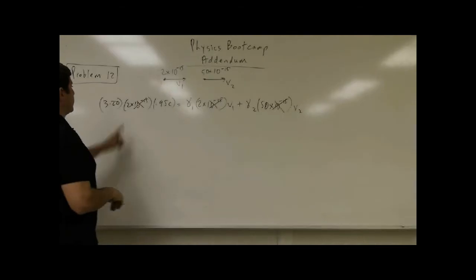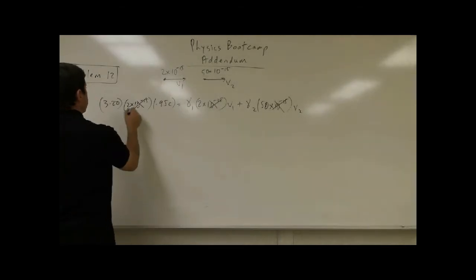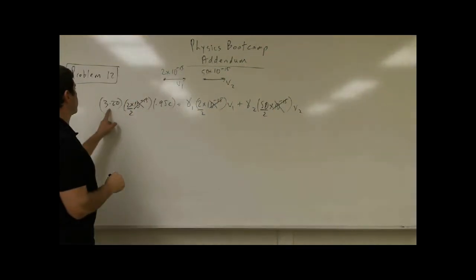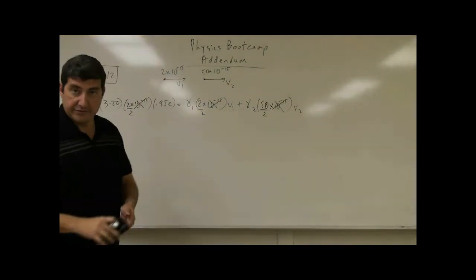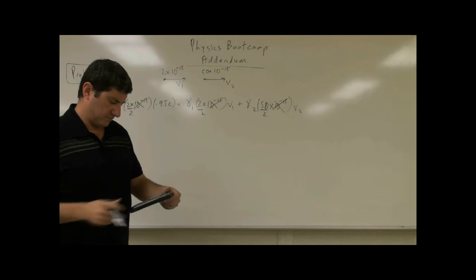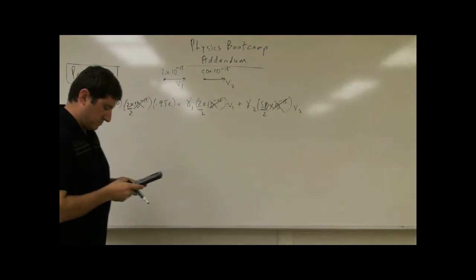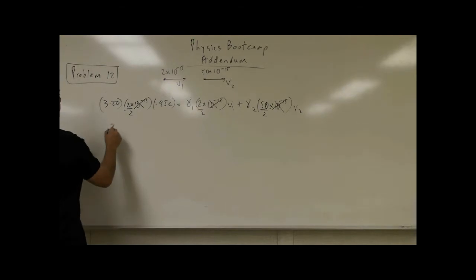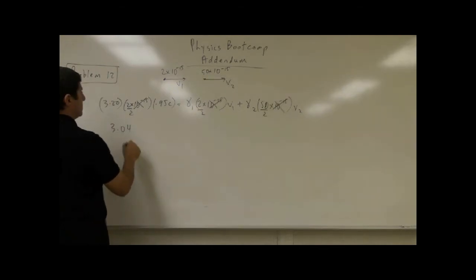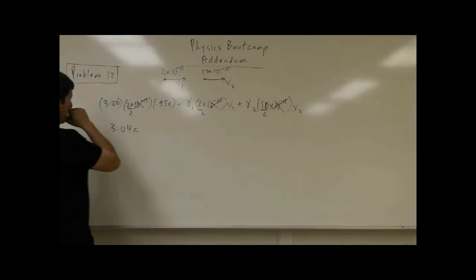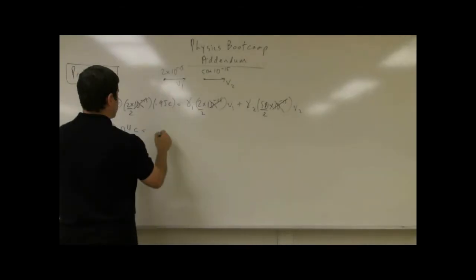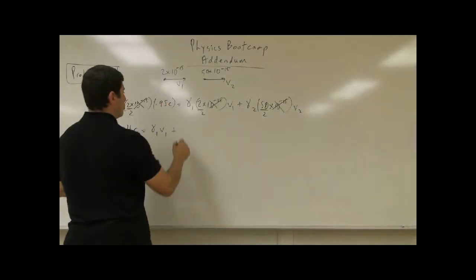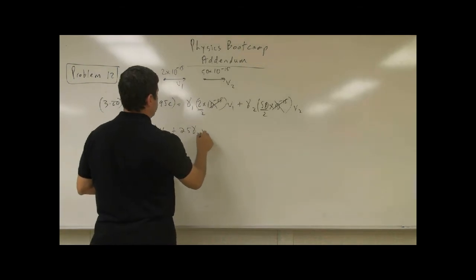And I could also divide everything out by 2. Divide this by 2, divide this by 2, divide this by 2, and simply have 3.20 times 0.95. So this will be 3.04 times the speed of light, c. And then the 2 will cancel here, so we'll have gamma 1 v1. And then the 2 into 50 goes 25, gamma 2 v2.